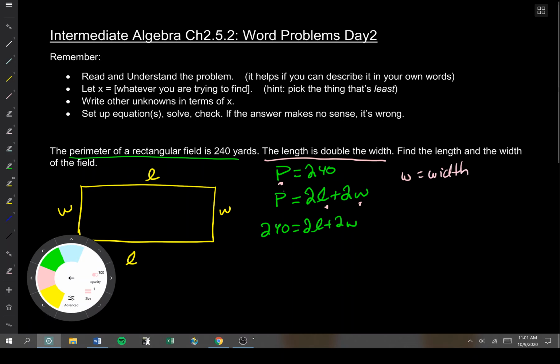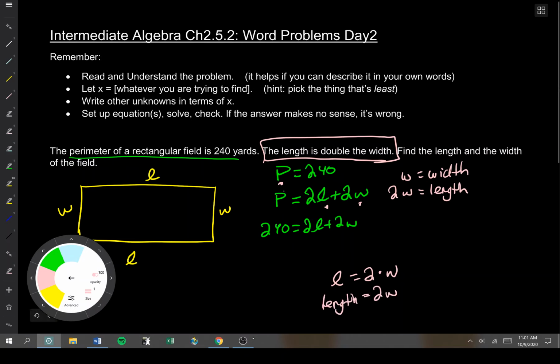But now what I can do, and this is really sneaky, is I can say 2 times W equals the length. Why? Because if the length is double the width, I can write literally length is, the equal sign means is, double the width. L equals 2 times W. Well, if L just stands for length, we know that the length equals 2 times W.